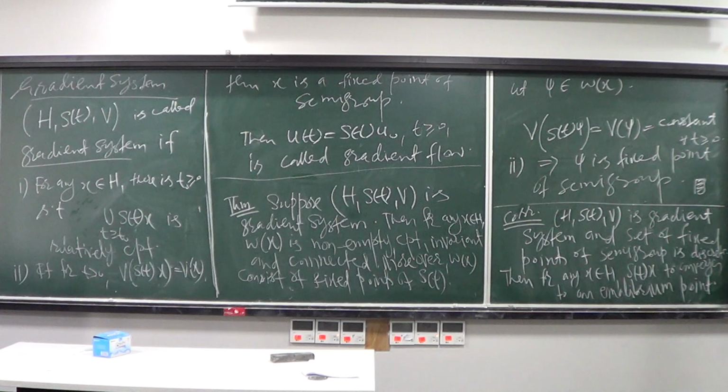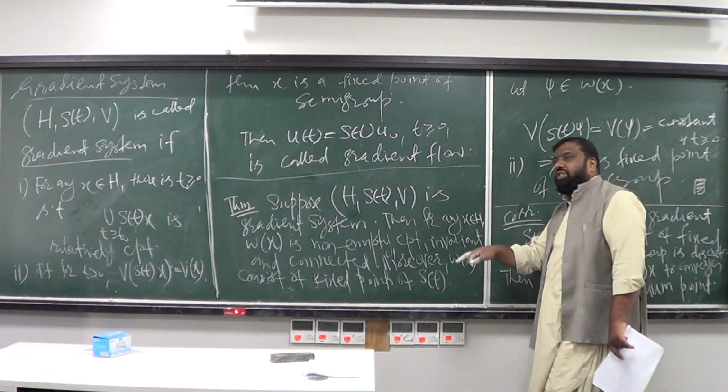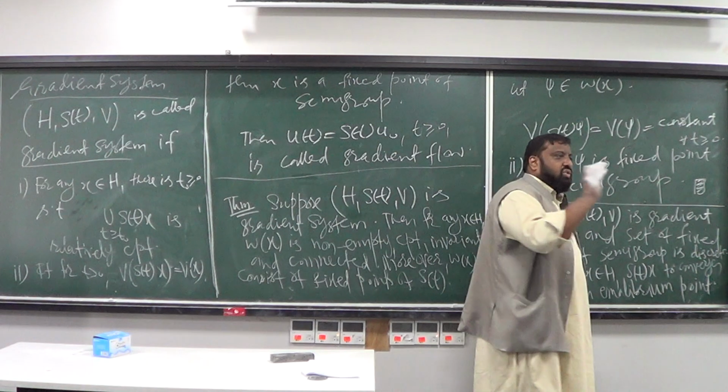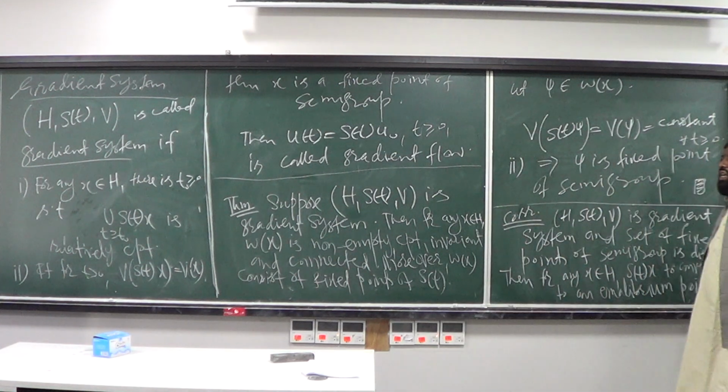If you know two things, that your flow is a gradient flow and your system is a gradient system, and your set of fixed points of the semigroup is discrete, then the trajectories of your solutions, starting from some initial condition, are always going to converge to some equilibrium point in the long run.